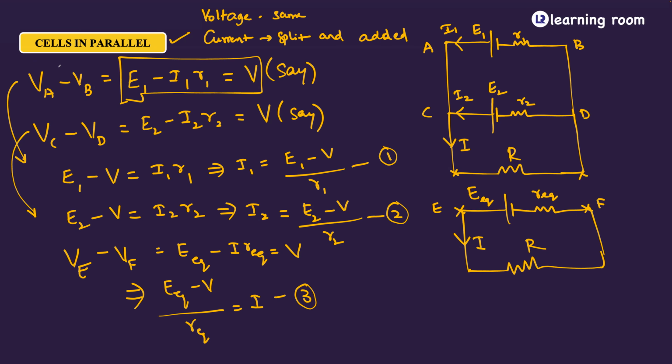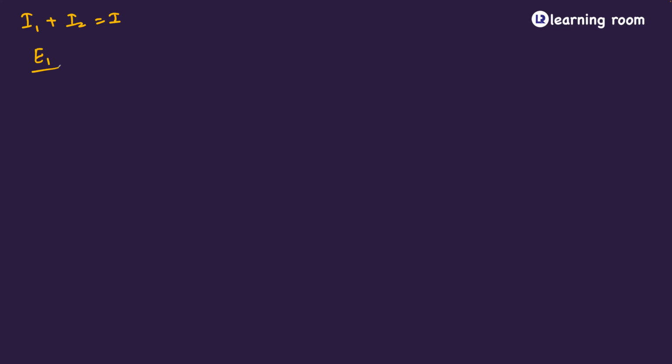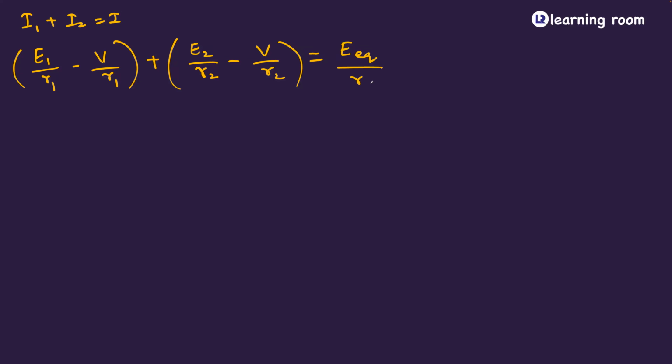It will be E1 by R1 minus V by R1, plus E2 by R2 minus V divided by R2. This whole thing will be equal to E equivalent by R equivalent minus V divided by R equivalent.